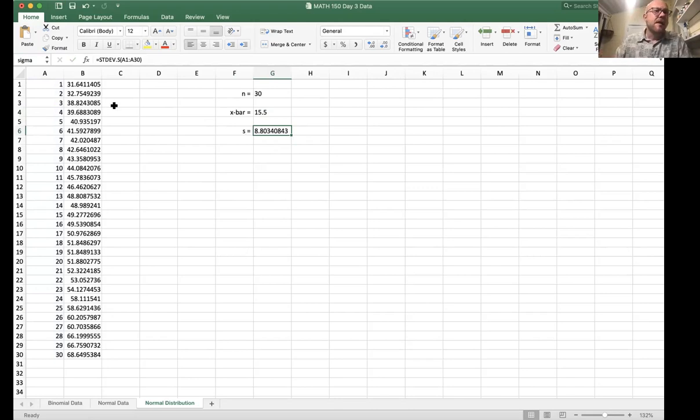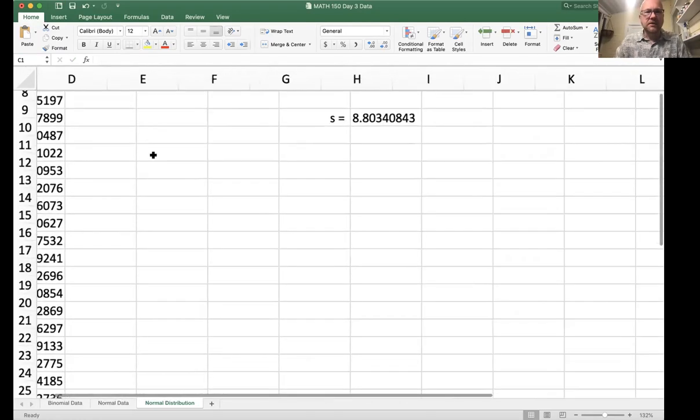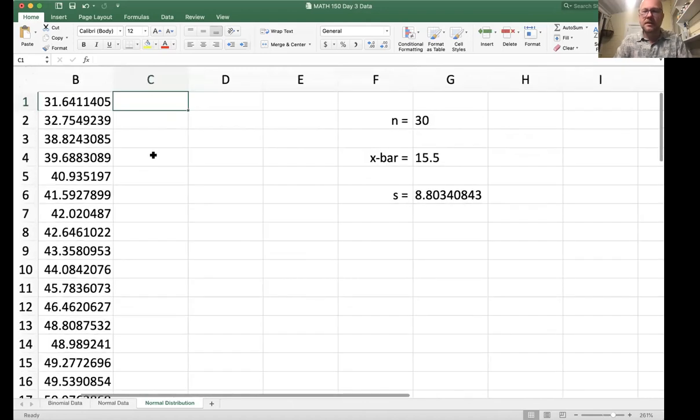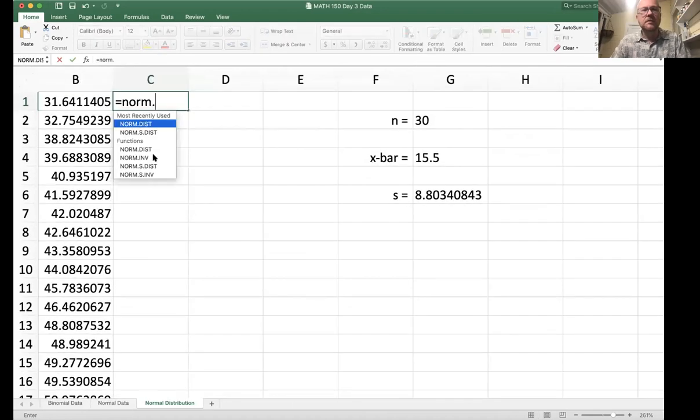Sorry. All right. So what you're going to do in this column C here is to use the norm inverse. And I'm going to blow that up so you can see it. We'll say equals norm dot inverse. Okay. So rather than producing a random number using the rand function, we're going to take A1, that is the position that it's at, and we're going to subtract 0.5.